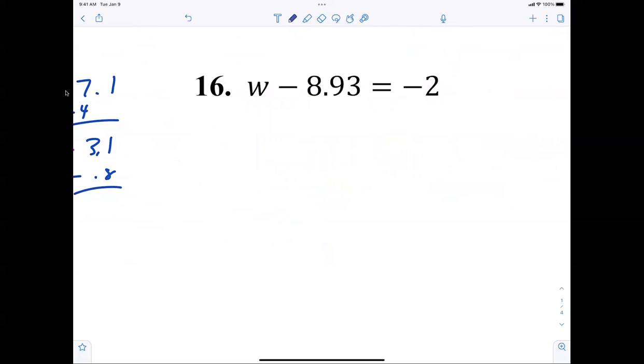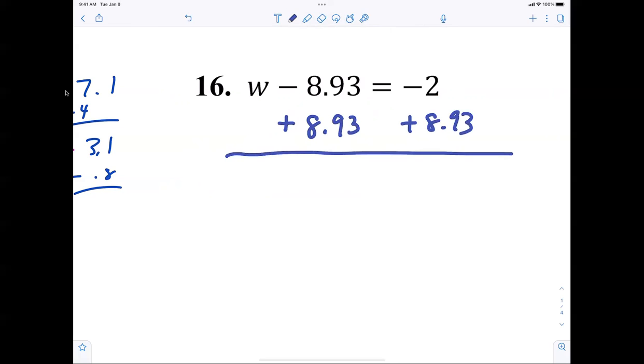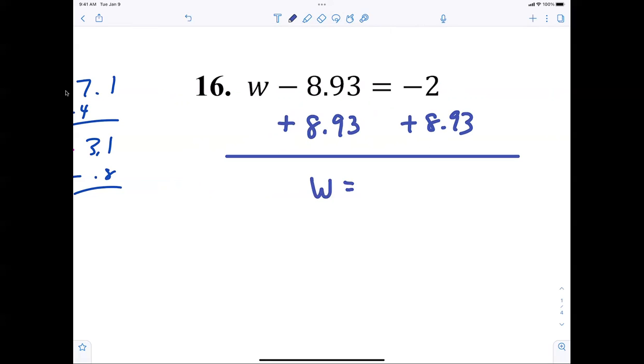Now we've got a couple decimals here. How do I undo minus 8.93? You add 8.93. So again, everybody put plus 8.93. So W is equal to, now am I adding or subtracting?